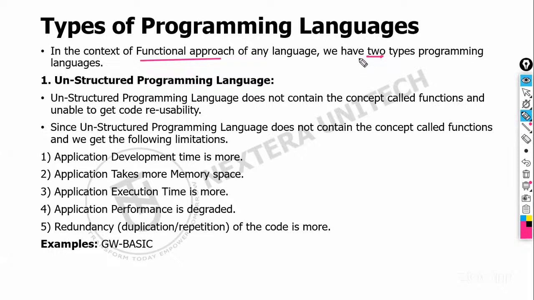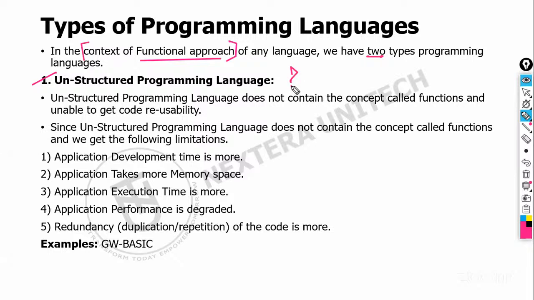Let us understand what are the 2 types of programming languages we have when we are speaking with respect to the context of functional approach. The first one is called unstructured programming language, and the second type is called structured programming language. Unstructured and structured programming languages.